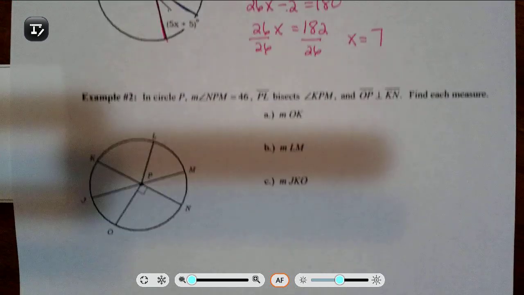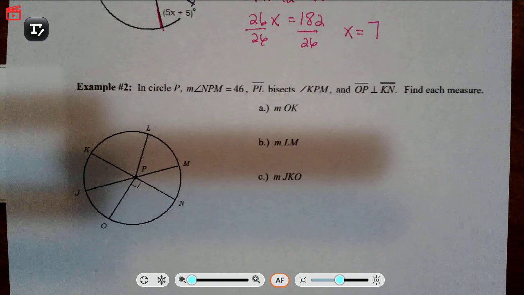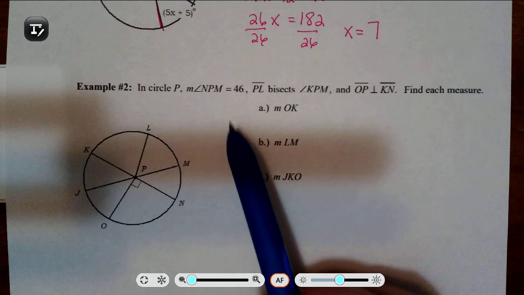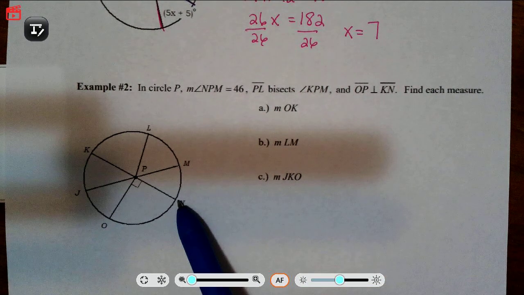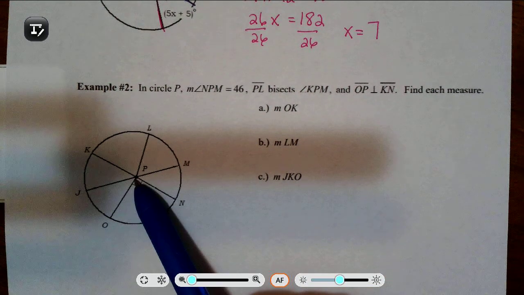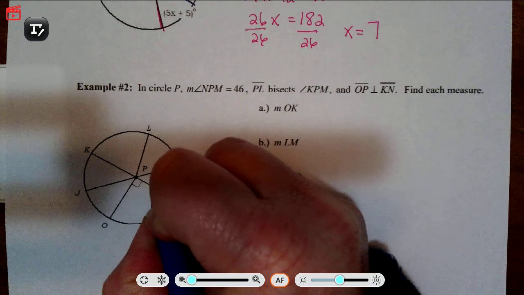All right, if we look down here, we've got some pieces of information. We want to try and think about what we're given. We're given that angle NPM, this one right here, is 46 degrees.